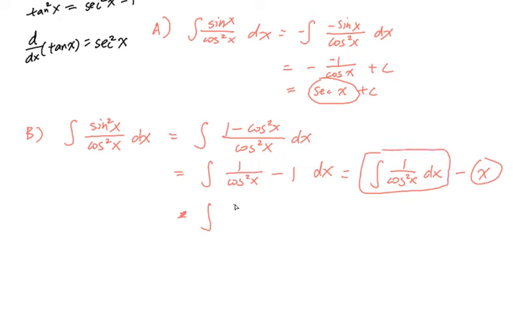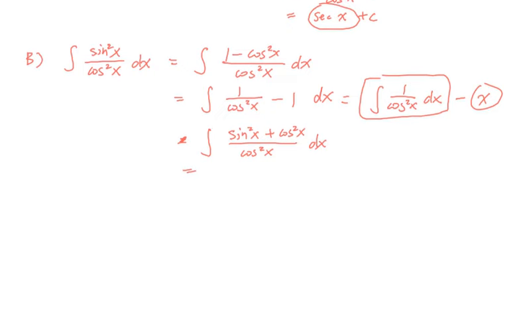So you can play with the trigonometry again. What does that get us? It'll be something like sine square x plus cosine square x over cosine square x dx.